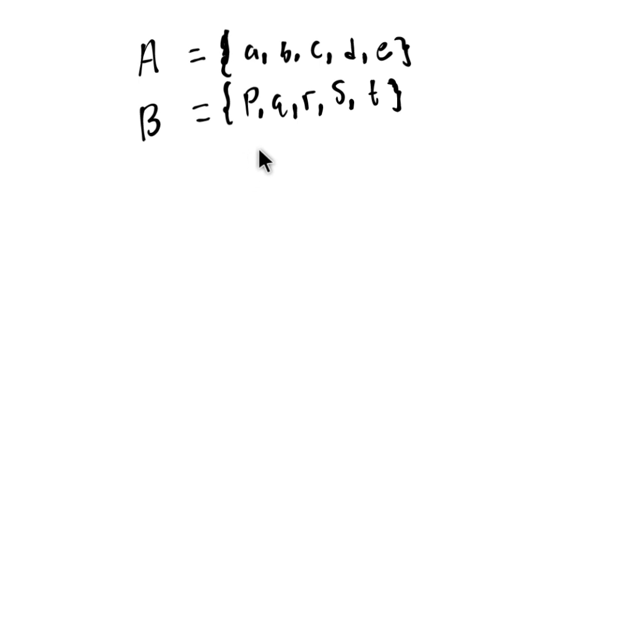Now, take note that the elements in A are not the same as the elements in B. Set A and set B are not necessarily equal, but are equivalent because the number of elements in A is equal to the number of elements in B. Now consider another set C, and set C contains 6 elements, which are P, Q, R, S, T, and T. Now, set C and set B are actually equal because they contain the same elements, but set C and set B are not equivalent.